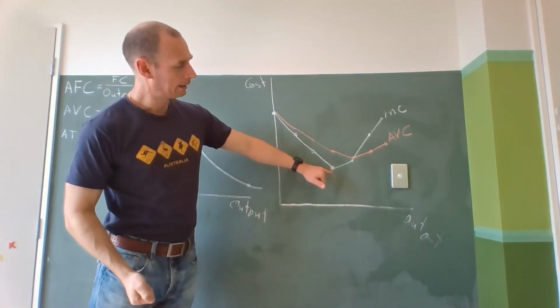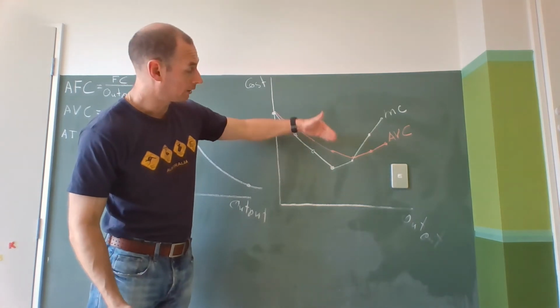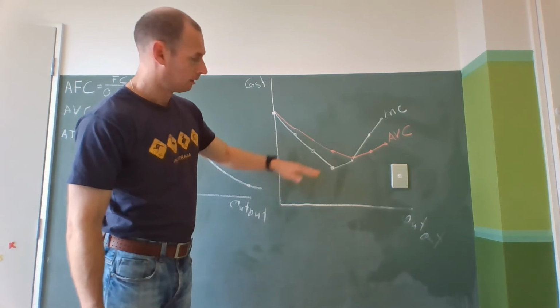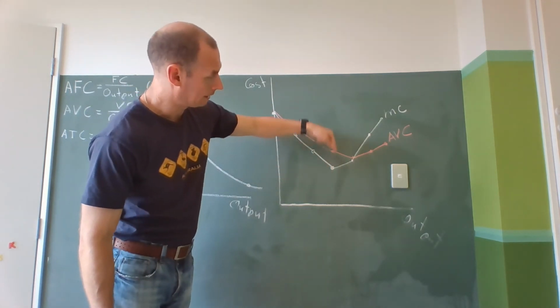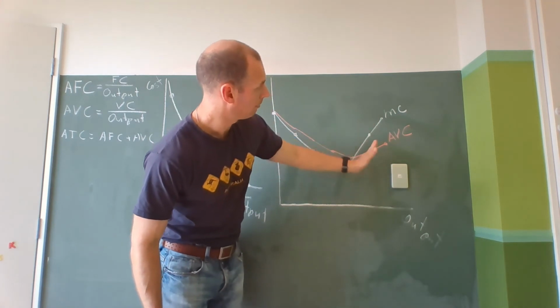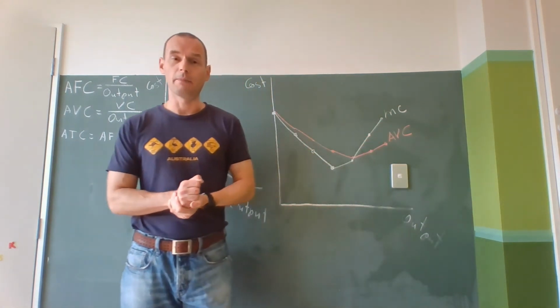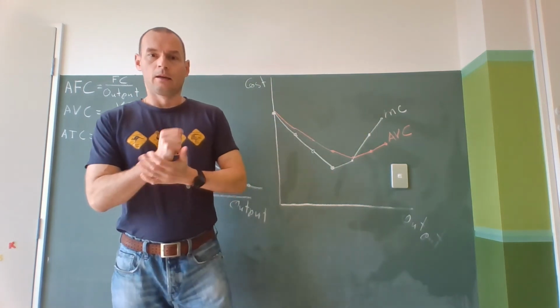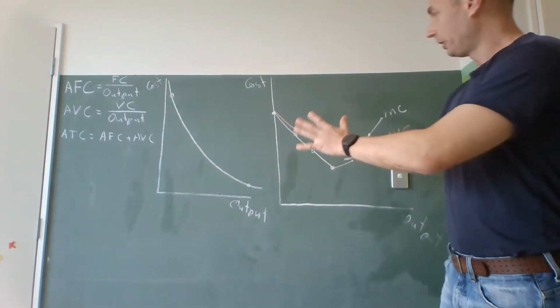So the white line, the marginal cost, acts like a magnet for the pink line. As long as it's lower than the pink line, it pulls the pink line down. As it gets higher, the pink line will begin to slope up. All right, so these are all the average costs.